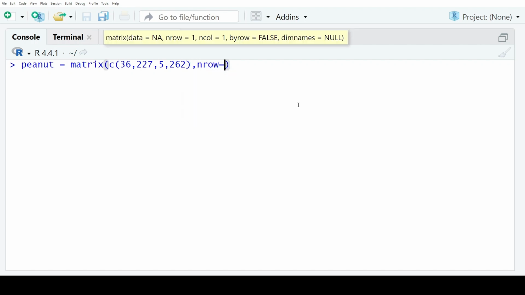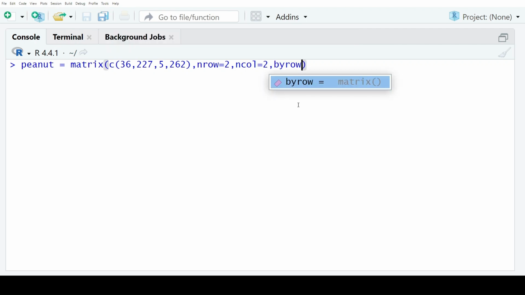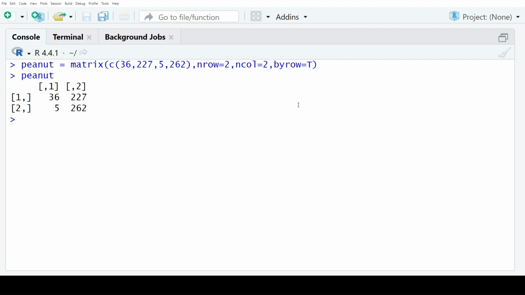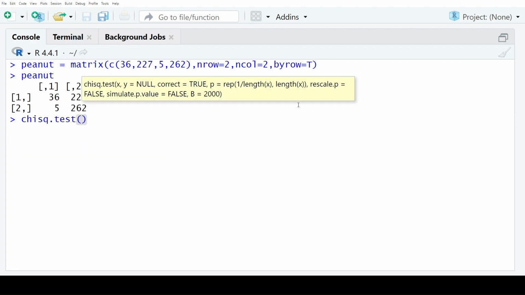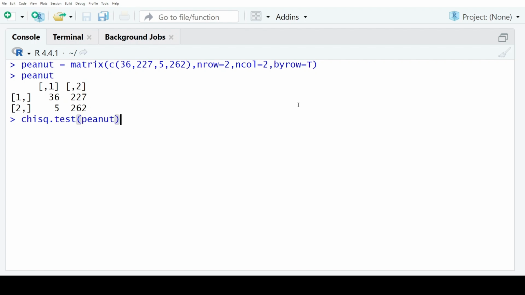And row equals 2, and column equals 2, by row equals true. Double check and make sure I typed the matrix in correctly. That looks good. And now to get my expected values. And all my expected values are at least 5.